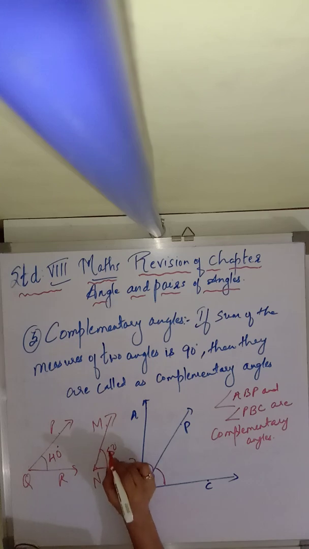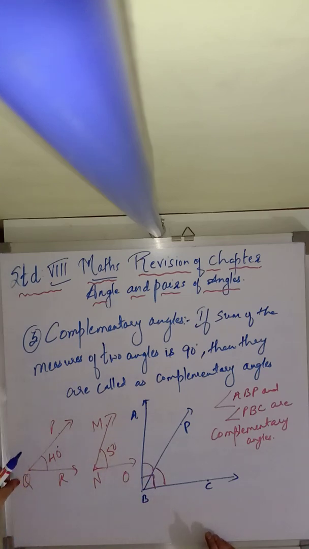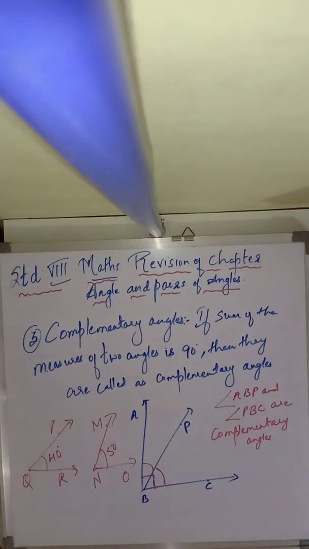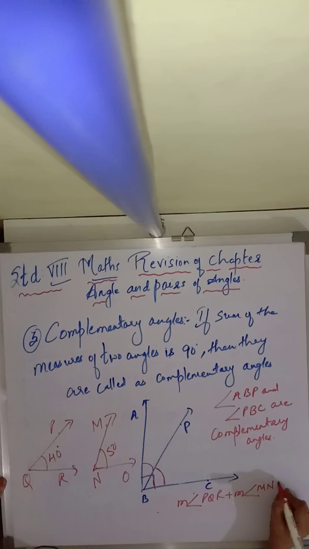Now you can see children, measure of angle PQR plus measure of angle MNO becomes 90 degrees. That means this is 40 and this is 50, that is equal to 90 degrees.